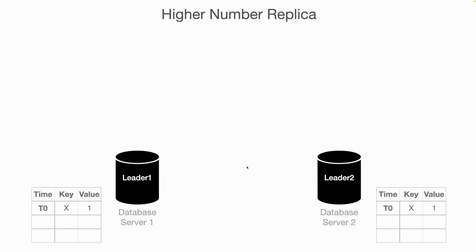Now the next is higher number replica. Let's suppose we again are using two leaders, leader 1 and leader 2. From the serial number point of view, leader 2 is greater than leader 1, because leader 2 is using serial number two and leader 1 is using serial number one. Initially both have x equal to 1 at t0.